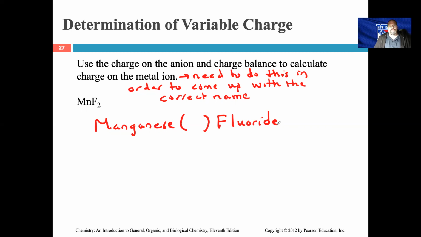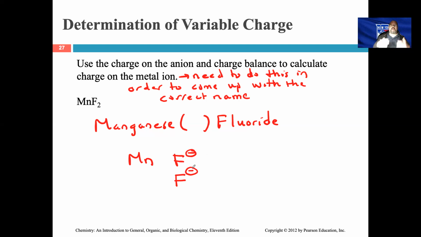Now, how do we figure out the charge of the manganese? Based on the chemical formula, how many manganese ions are there? There's one, because there's no number next to the Mn. How many fluoride ions are there? There's two, F2. And we know the charge of each of those fluoride ions. Because fluorine is in group 17 or 7A, they have to have a -1 charge.